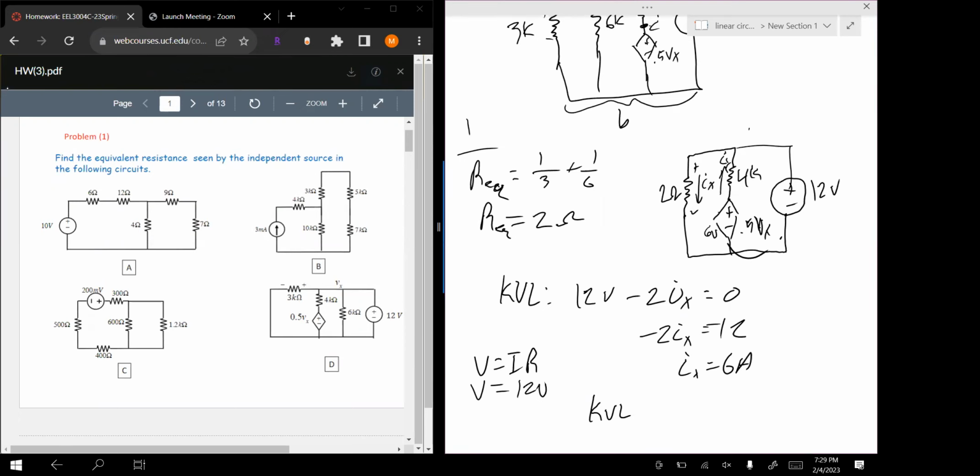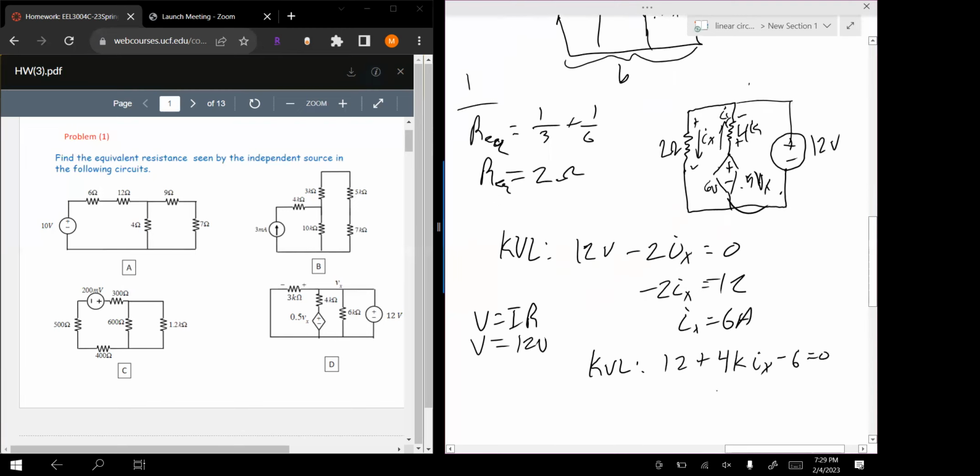Let's see what we got. KVL, 12-volt rise. And then this, I'm going to assume plus, this will be plus minus here. So then we'll have plus 4K IY minus 6 is equal to 0.